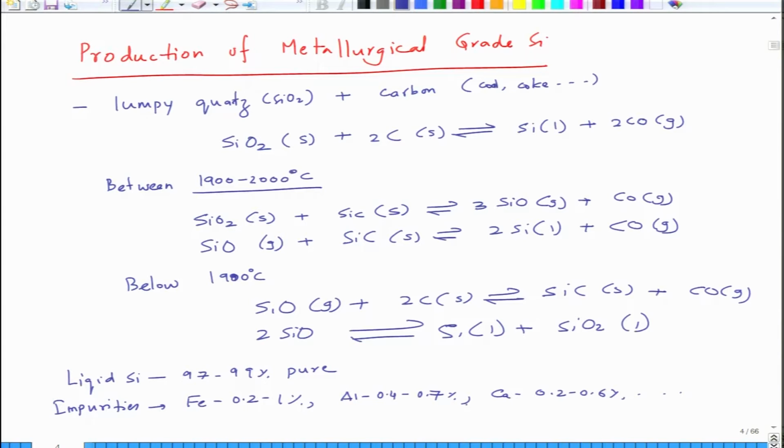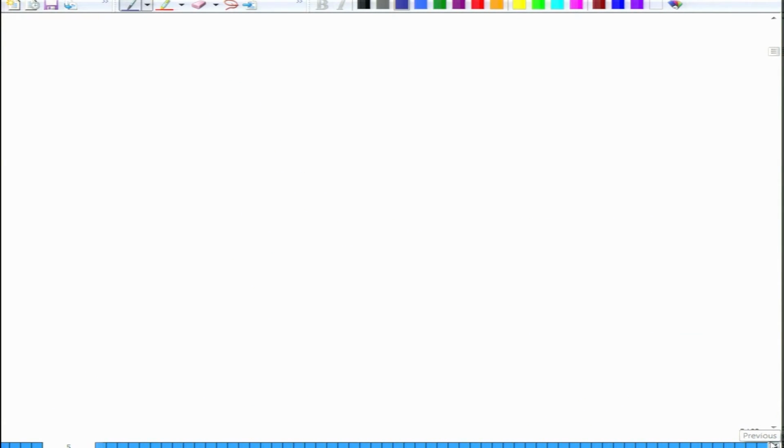There is a bit of titanium, 0.1 to 0.2%, and then carbon, 0.1 to 0.15%. There may be some other impurities also. This is the composition. This is completely unsuitable for semiconductor processing. This is very impure. So, what is done next is refining.